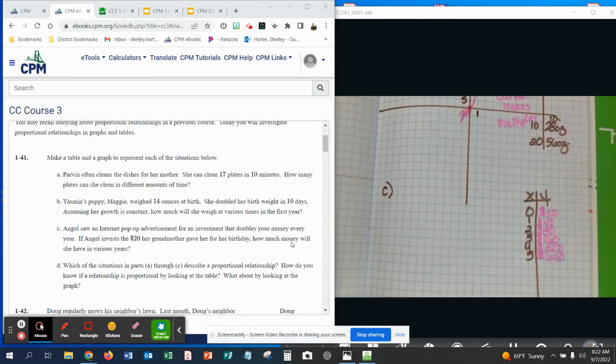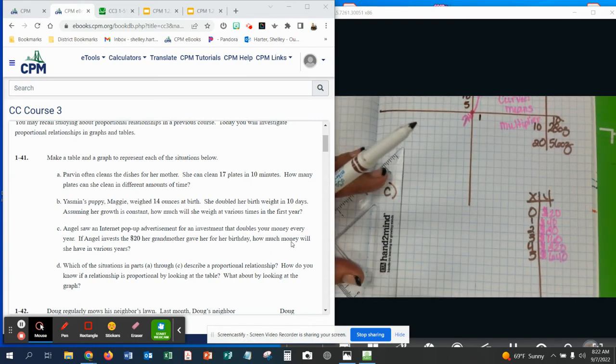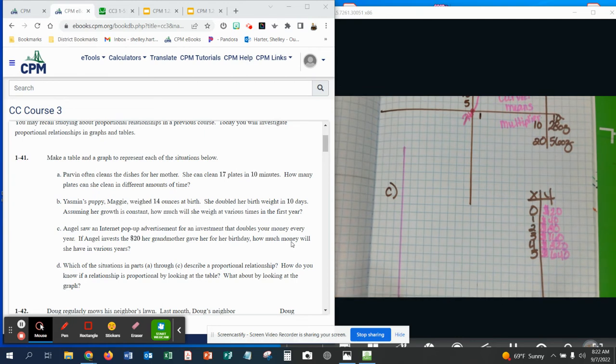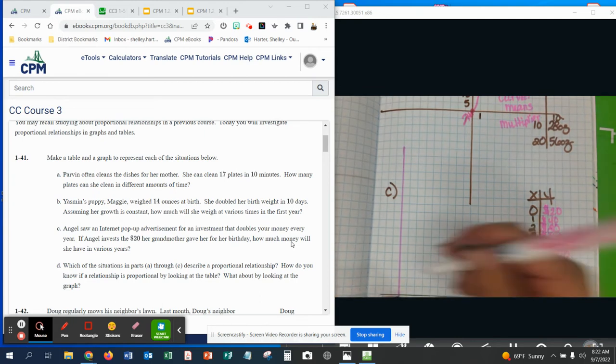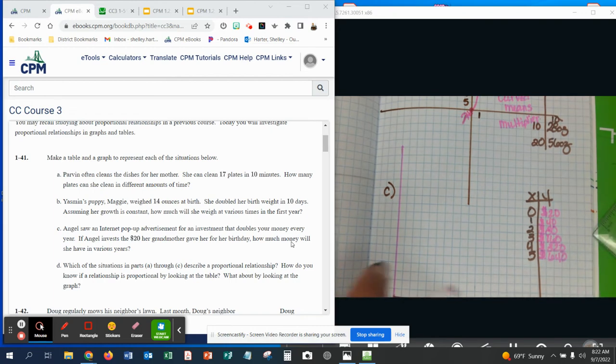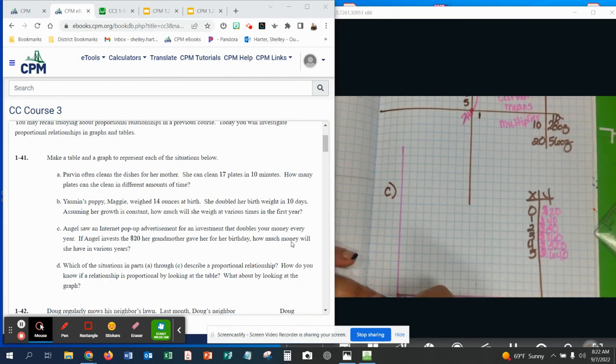If you were to graph this, let's graph this really quick. We're going to be dealing with big numbers. And once again, when you graph this, it's going to curve, right? So here's your years, 1, 2, 3, 4, 5, 6, 7, 8, 9. We only went up to year 5.